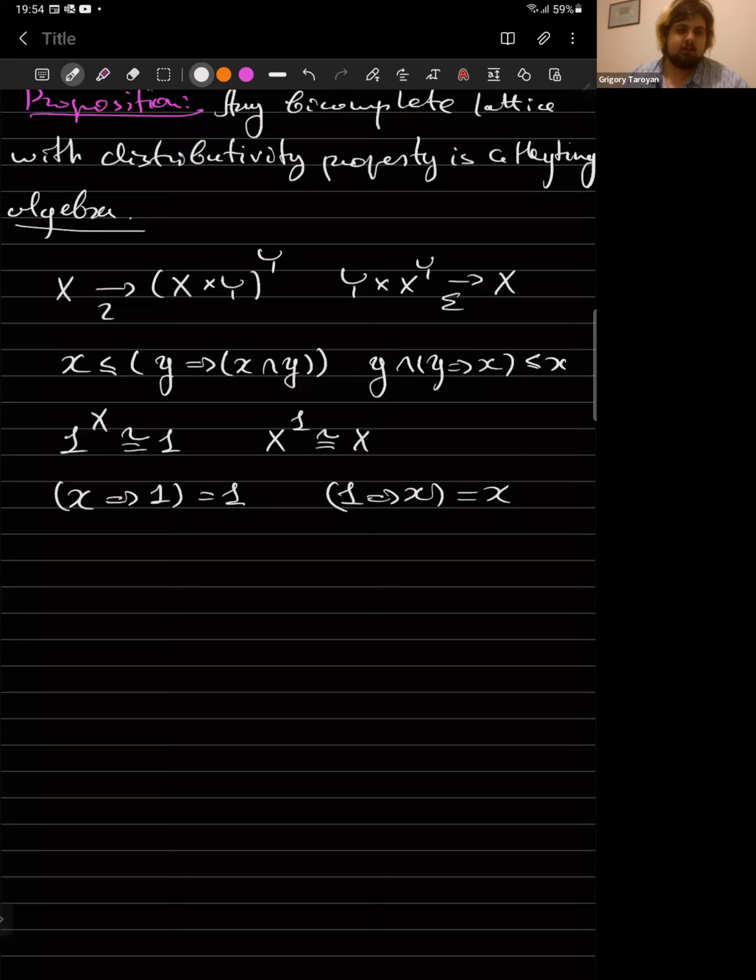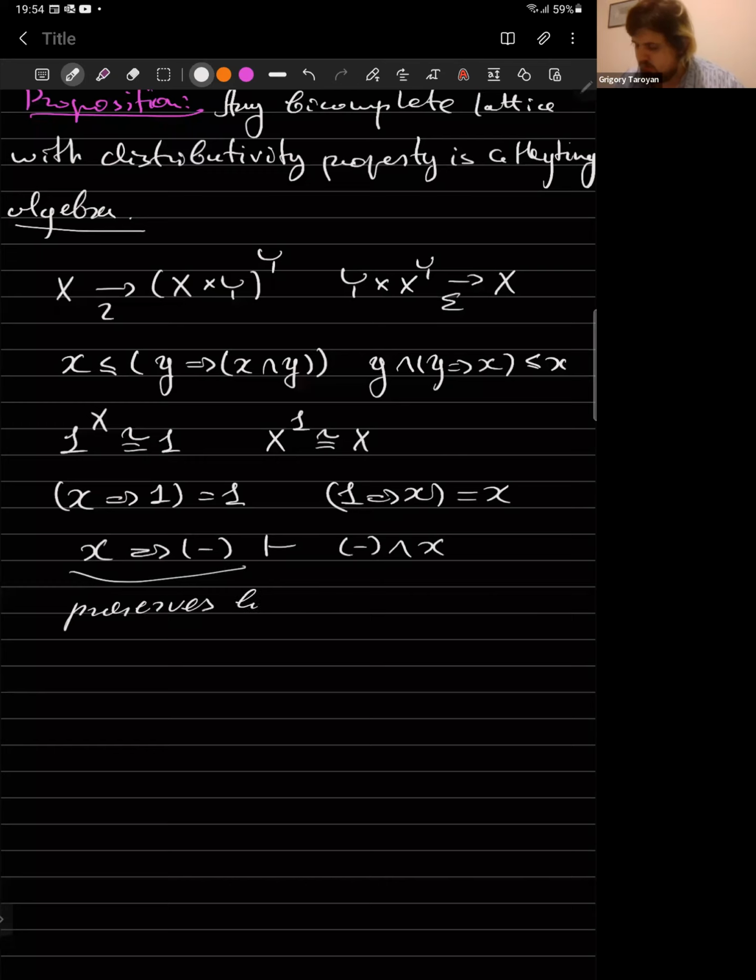Now note the fact that since we have an adjunction between taking exponents and taking products, the exponent is a right adjoint of the product functor. It preserves limits, products in particular.